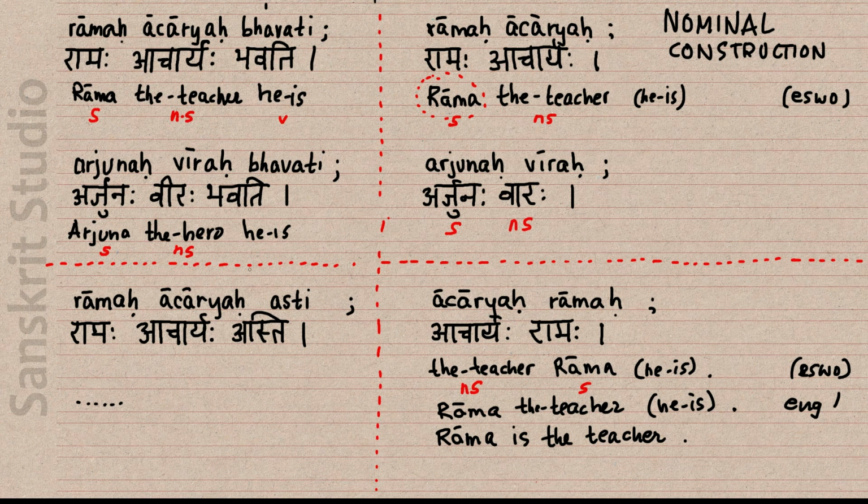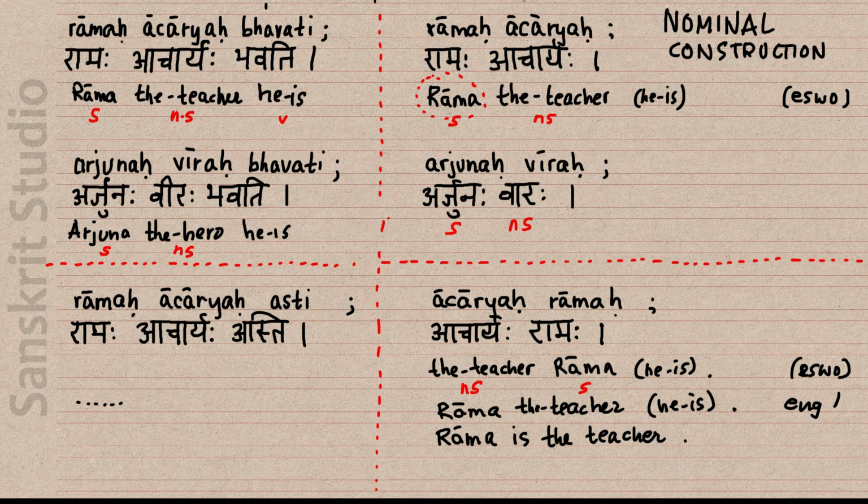And then we also talked about different uses. So on the left hand side we talked about bhavati as a copula, like a linking, a simple he is or she is, and then asti here also in the same function on the left hand side.